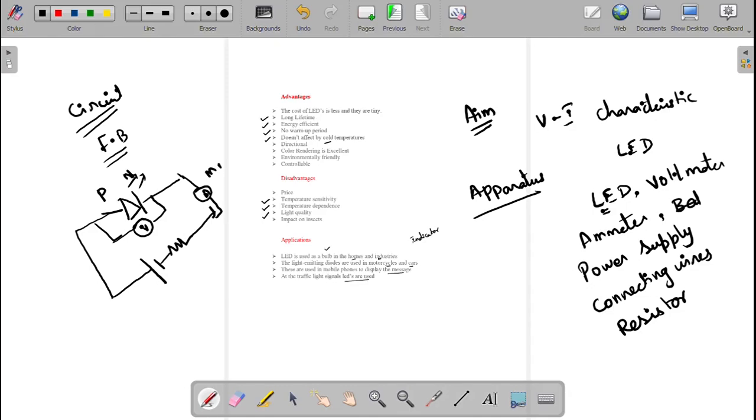This is the milliammeter, this is the voltmeter, this is the resistor, and this is the battery power supply, positive and negative terminals. That's all about the diagram. This is the circuit diagram. So first we have to remember forward biasing. Second, the voltmeter should be parallel to the LED and the ammeter and resistor should be in series. If you remember this, you can easily give the circuit diagram also.